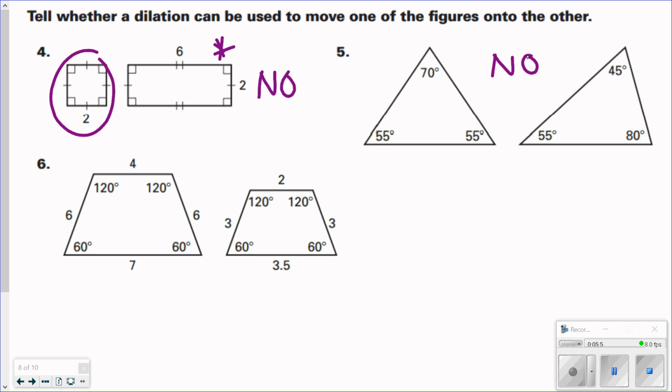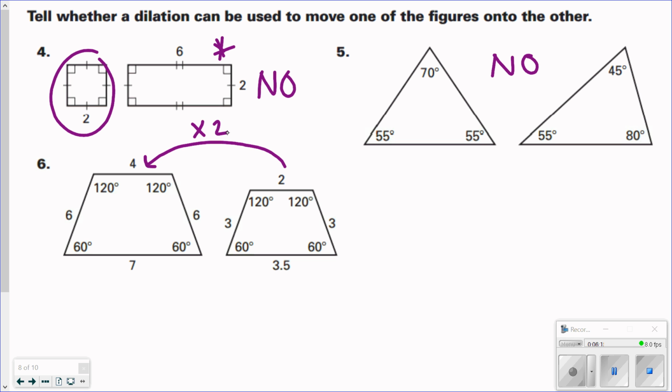Now let's look at number 6. Can a dilation occur here? Well, let's see. Are my angle measures the same? And they are. Next, I need to look at my side lengths and determine, is a scale factor being used for all the sides? Well, let's look. Going from 2 to 4, that's a multiplication of 2.